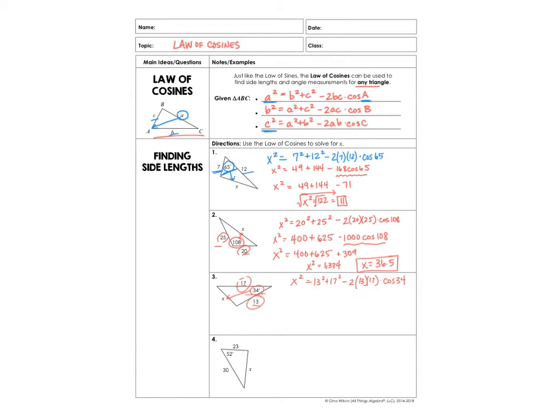Okay, so follow order of operations. 13 squared is 169. 17 squared is 289. And we can go ahead and multiply. So minus 2 times 13 times 17 times the cosine of 34 is 366.4.